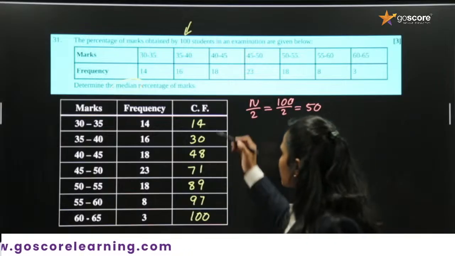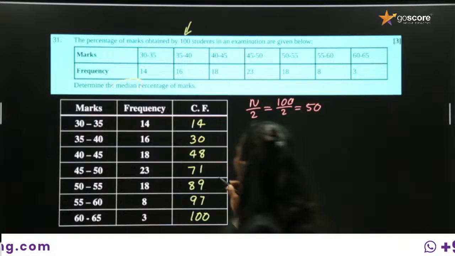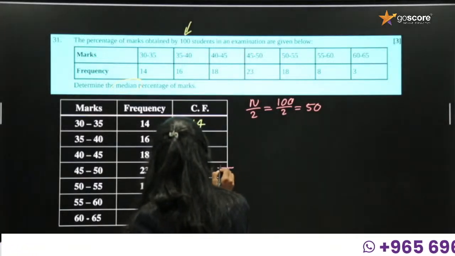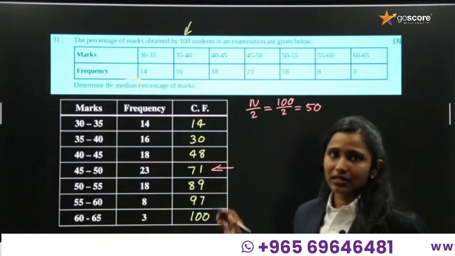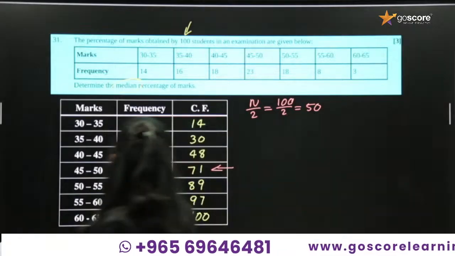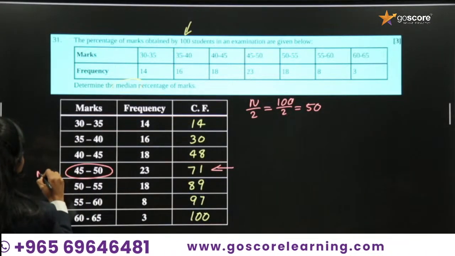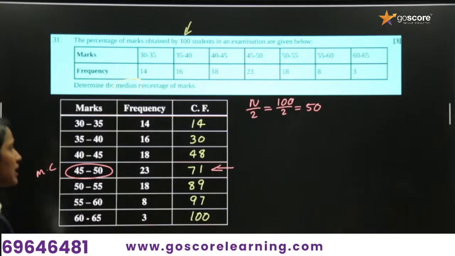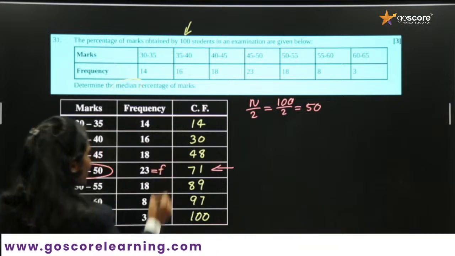So 14, 30, 48, 71, right? 71 is just above 50, and this is our key to the median class. Okay, this 71 is the key to the median class. So we will take the corresponding class as our median class.